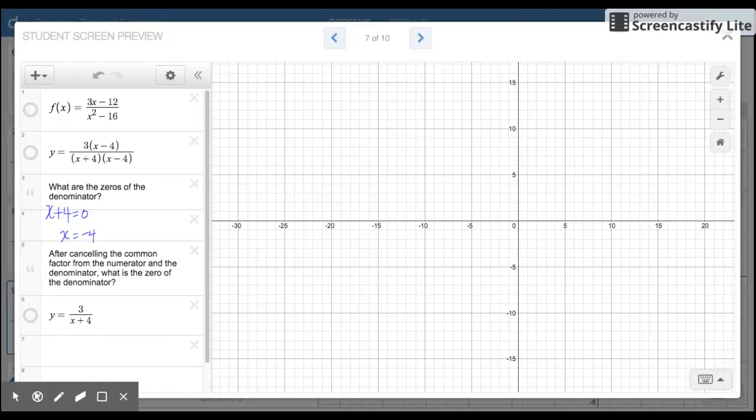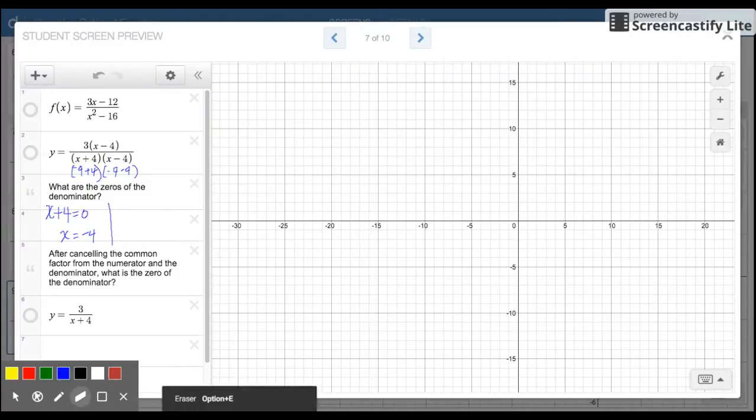This tells us that negative 4 will make the denominator 0. So if I plug in negative 4 here, negative 4 plus 4 gives us 0, times negative 4 minus 4, which is negative 8. Negative 8 times 0 is going to give us 0. So negative 4 makes the denominator 0.